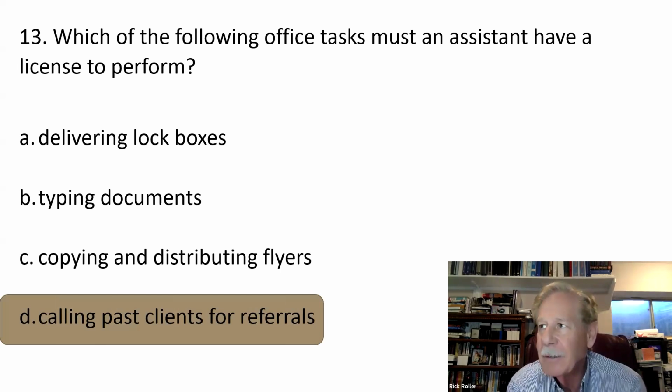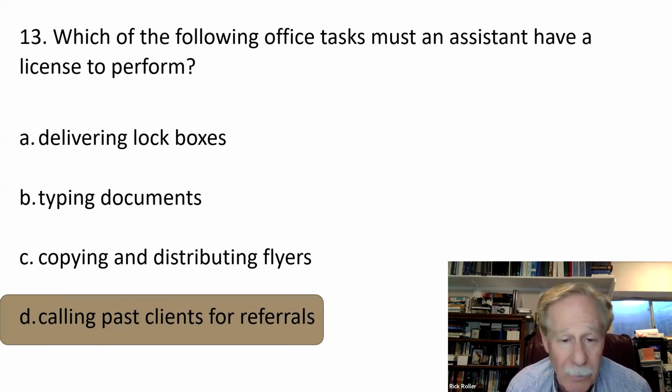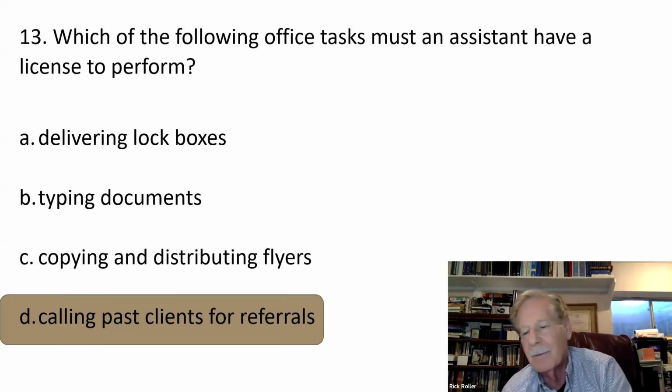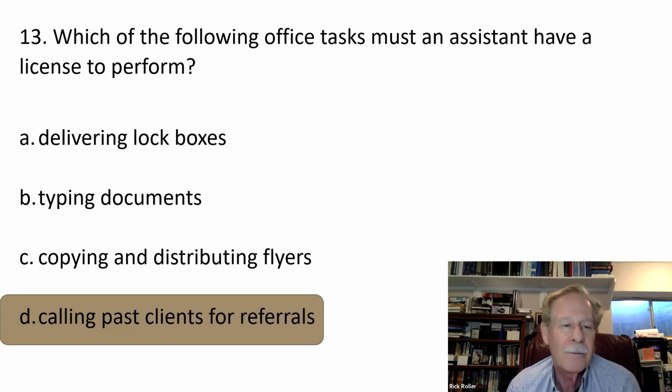Now, can your unlicensed assistants call current clients and say, "The closing will be Thursday. Wanted you to know, you should be receiving a document from the title company telling you how much money to bring in. And we have a process to make sure that those are accurate. So, call me as soon as you get that information." That's more of a clerical task. But calling past clients for referrals, that's something you need a license for.